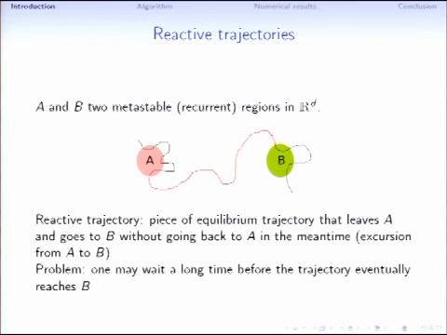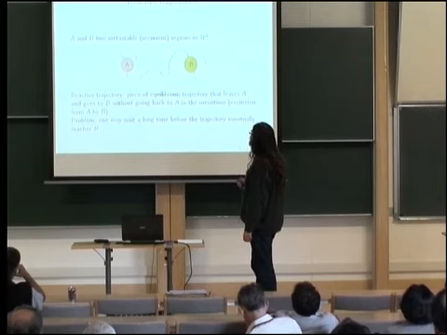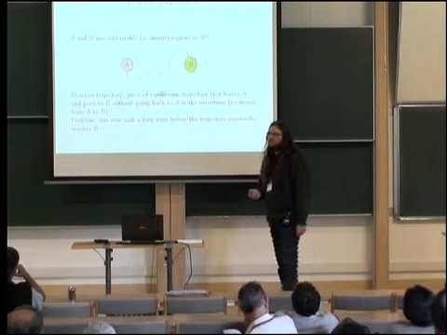Metastable means that if you start in A, your Langevin dynamics will stay a long time in A, and it's the same in B, and both sets will be recurrent for the whole dynamics. What we want is to simulate trajectories leaving A and going to B without going back to A.